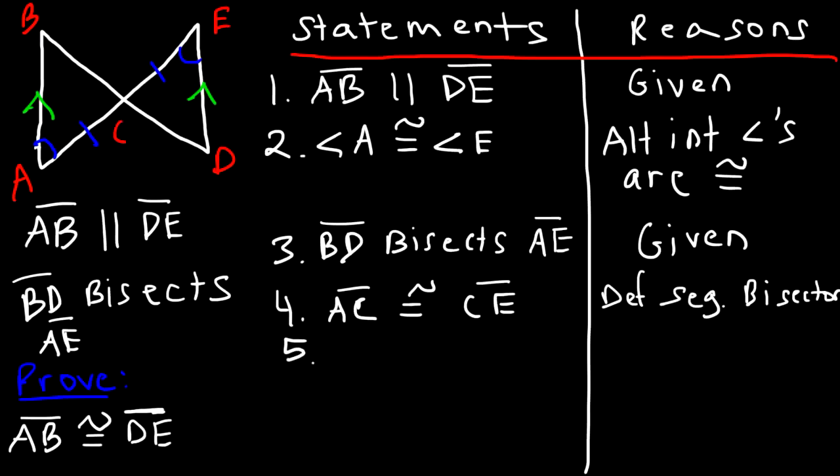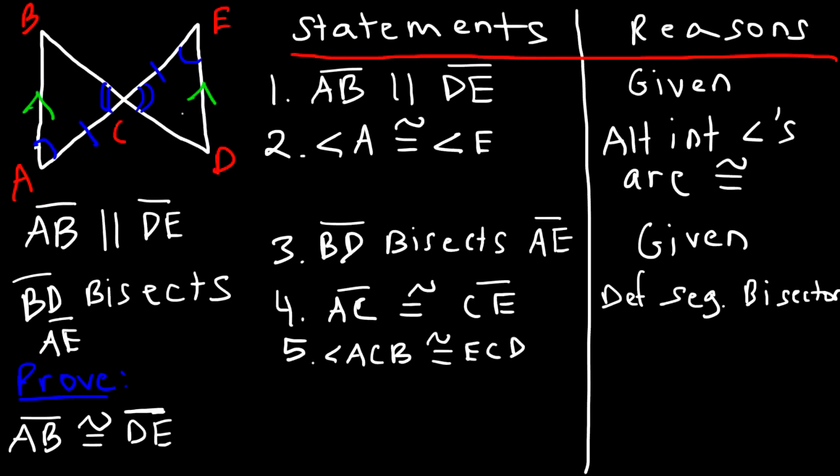Now number 5. We could say that these two angles are congruent because they represent vertical angles. So we're going to say that angle ACB is congruent to angle ECD.